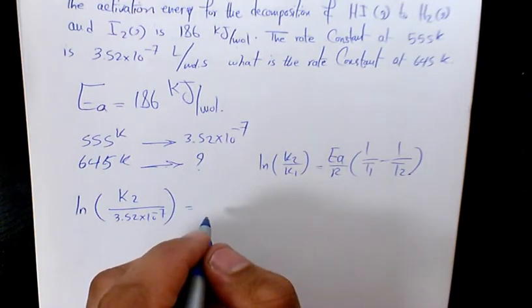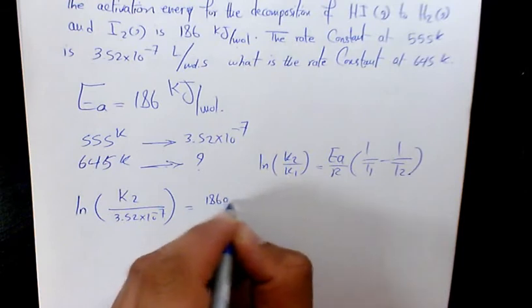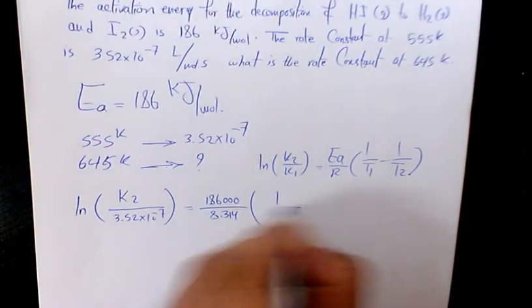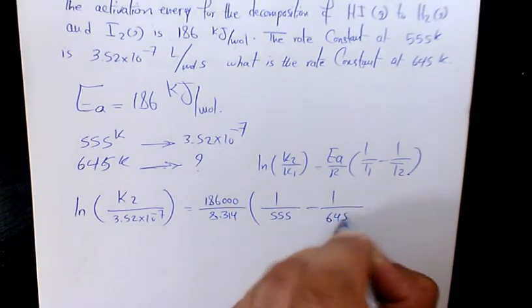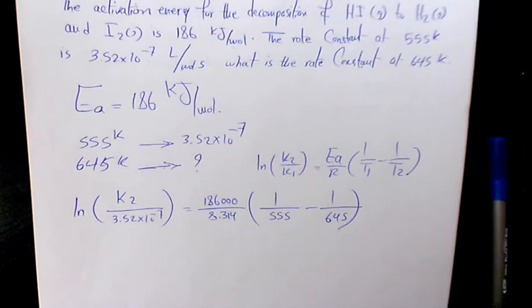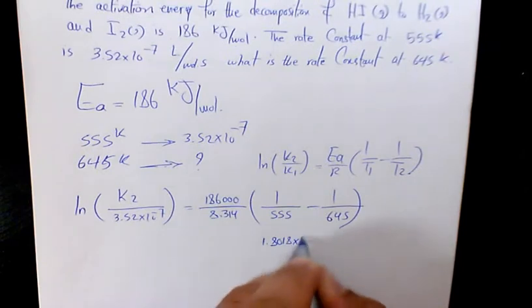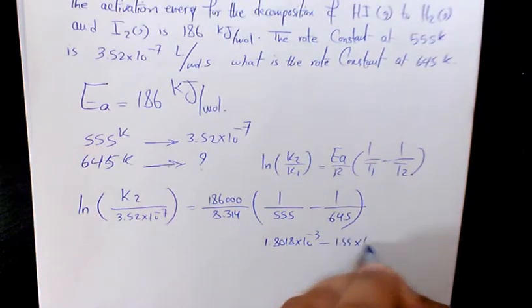EA is 186,000 divided by 8.314. 1 over T1, which is 555, minus 1 over T2, which is 645. That's going to be 1.8018 times 10 to the power of negative 3 minus 1.55 times 10 to the power of negative 3.